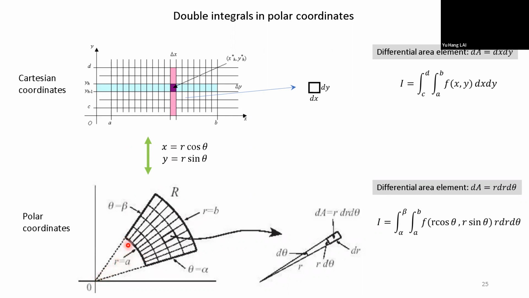So this r equals a is given by this arc. Or you can draw a full circle, a circle of radius a centered at the origin, represented by r equals a.